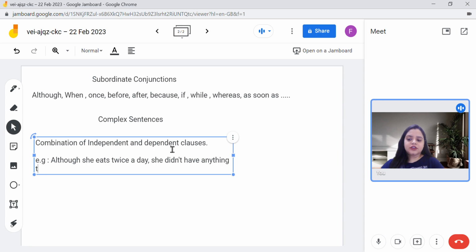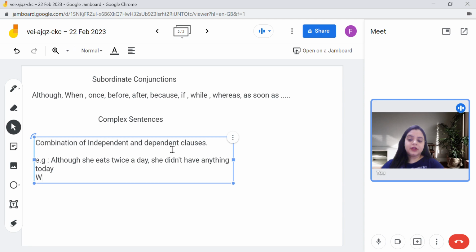She didn't have anything today. Though you might feel there is a lot of verbosity in this sentence with day and today, let's make more convincing sentences.